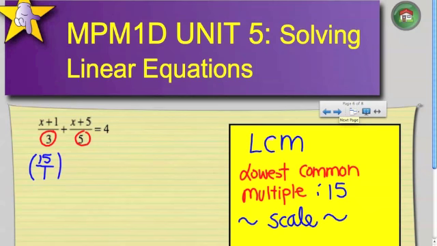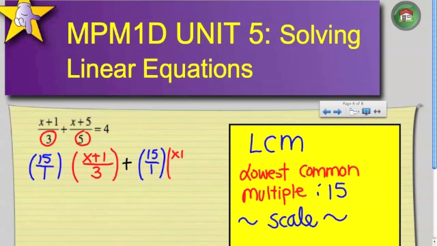I'm going to multiply 15 over 1 by this fraction, (x plus 1) over 3. Okay, then separated by an addition sign, I have 15 over 1 again, and I'm going to multiply that by (x plus 5) over 5.